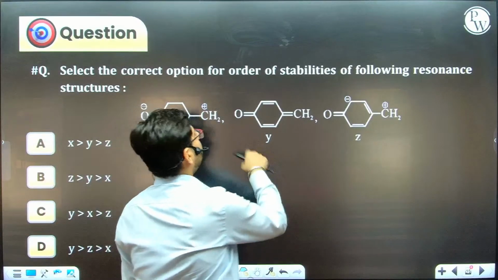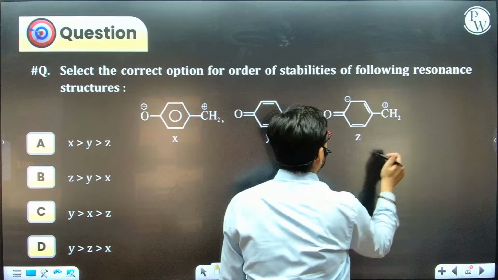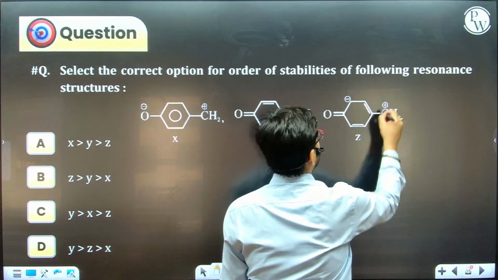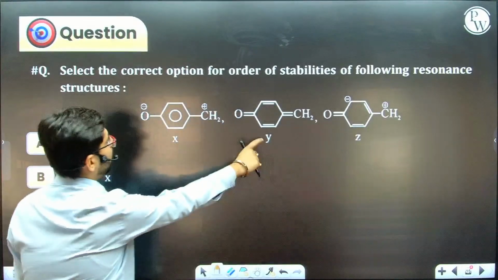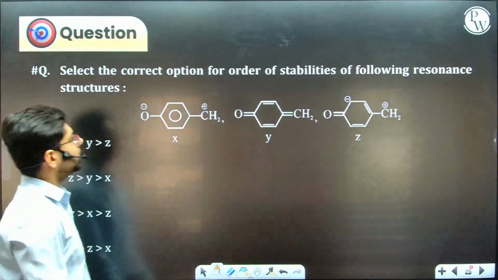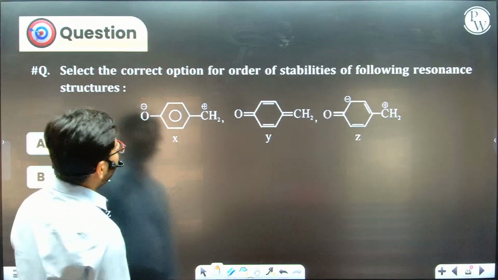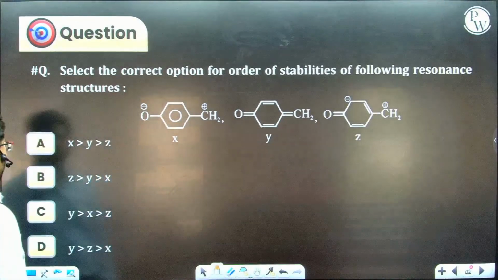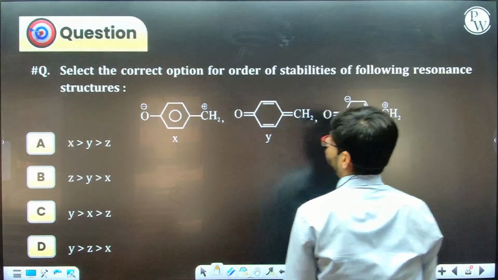In Y, every atom has a complete octet. Okay. In Z, this carbon atom has an incomplete octet because again this is positively charged, which means Y is the most stable canonical structure because in Y, every atom has a complete octet. So Y is the most stable canonical structure.